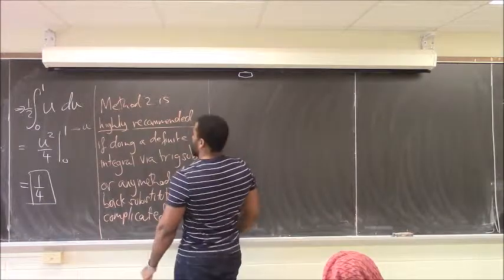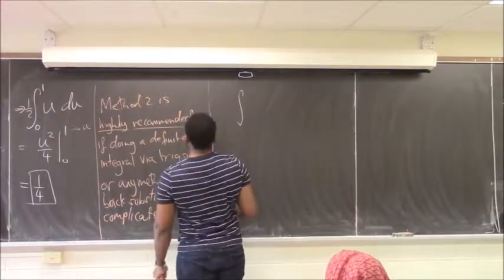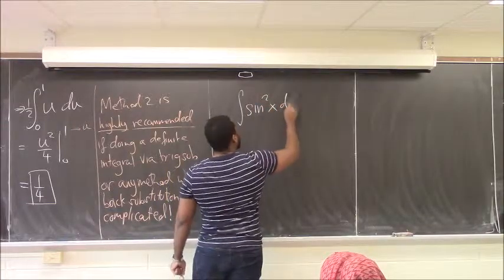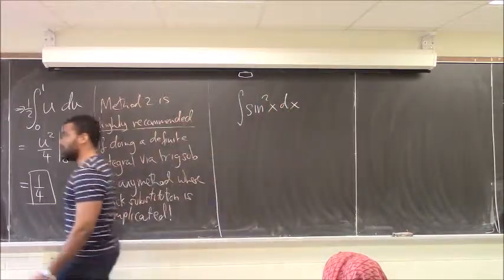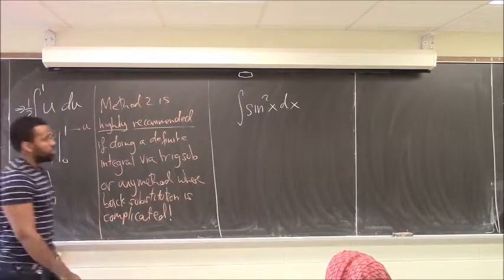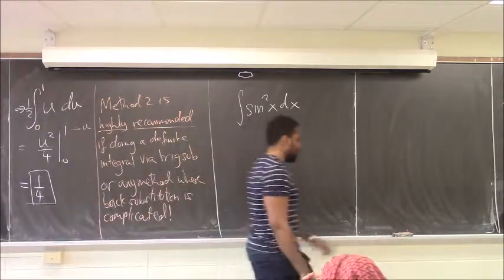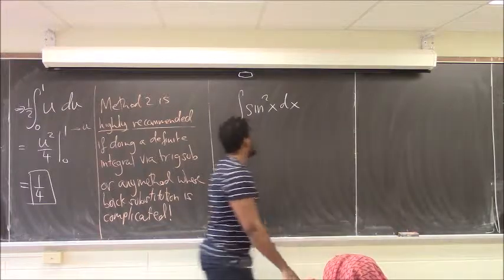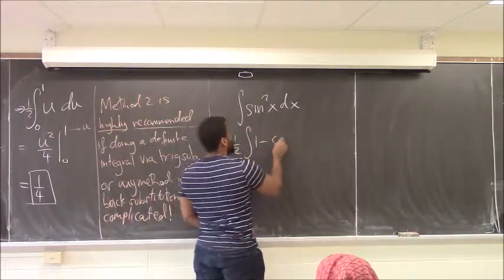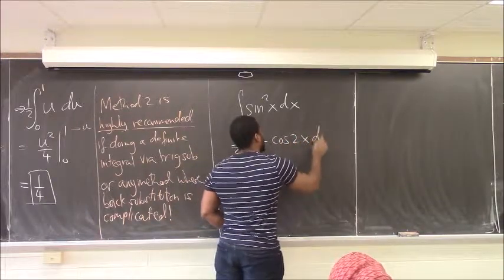Another good example that will come up a lot is knowing how to integrate something like sine squared of x, or sine or cosine to any even power of x. The trick for this one, I believe I mentioned last time, was to use the double angle formula. Sine squared is 1/2 of 1 minus cosine 2x.